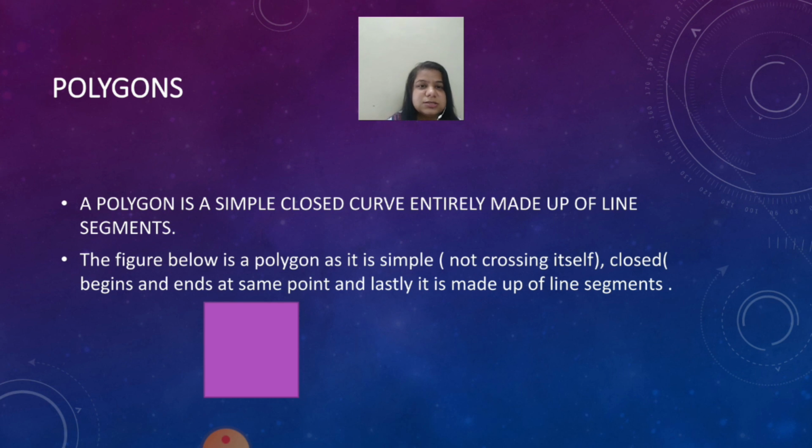So in this slide you can see the figure below. This is a polygon because it is simple, not crossing itself. It is closed because it begins and ends at the same point. And lastly, it is entirely made up of line segments.